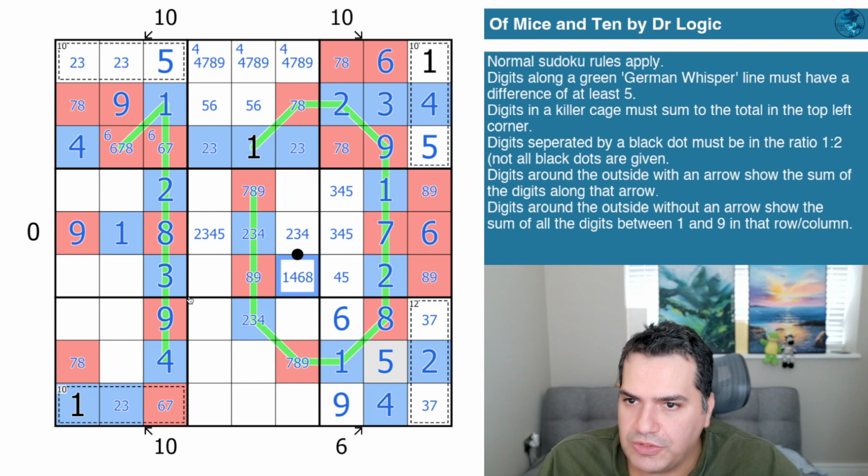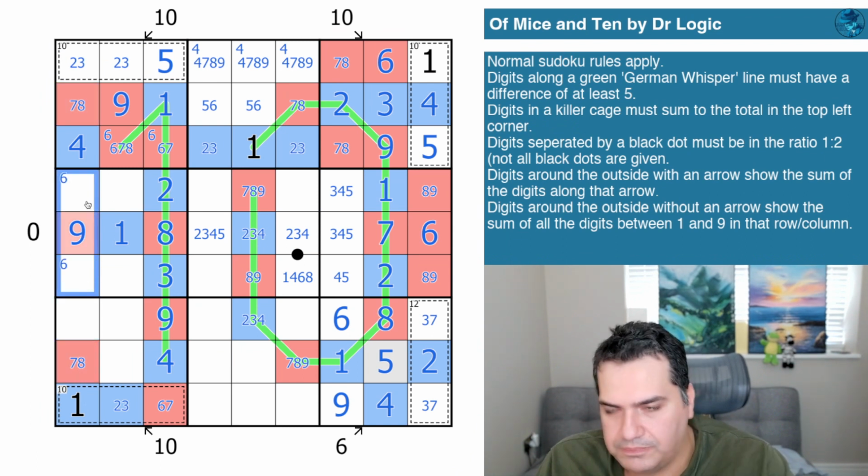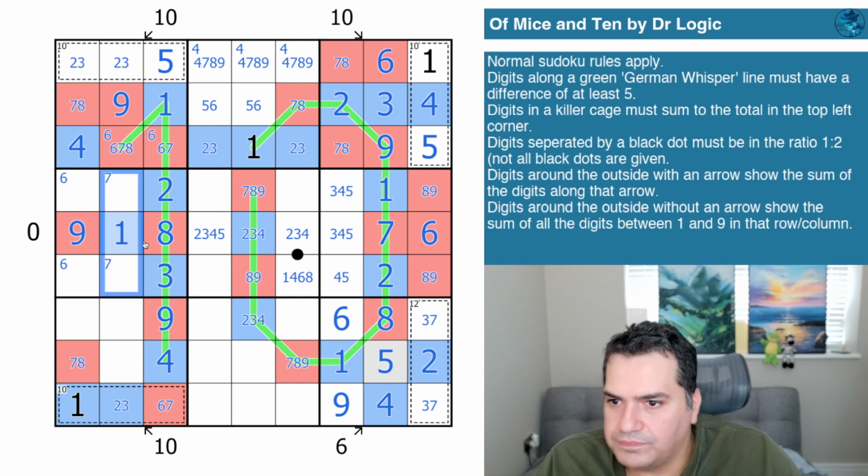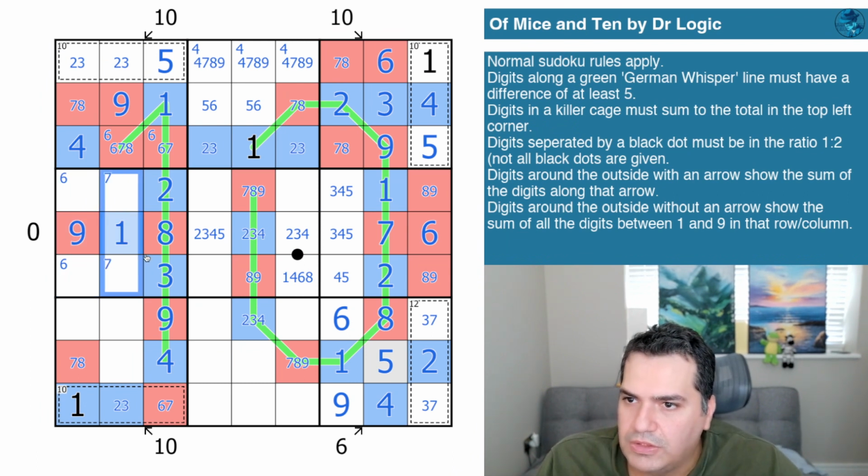I may even actually delete it if I find that there's just a plethora of not very useful information right now. 7, 8 pair. 6 is not here. 6 is there. 7 is here. I need 4 and 5, and I can't place them at the moment in here anywhere.